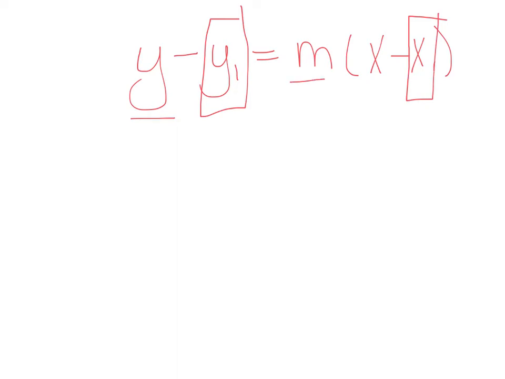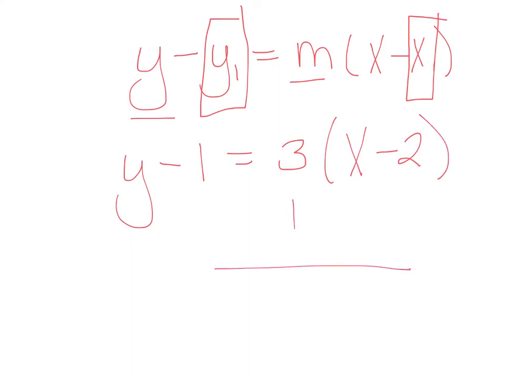So if I have something like y minus 1 equals 3 times x minus 2, then I can graph from here. And what is my y1 point? It is the 1.